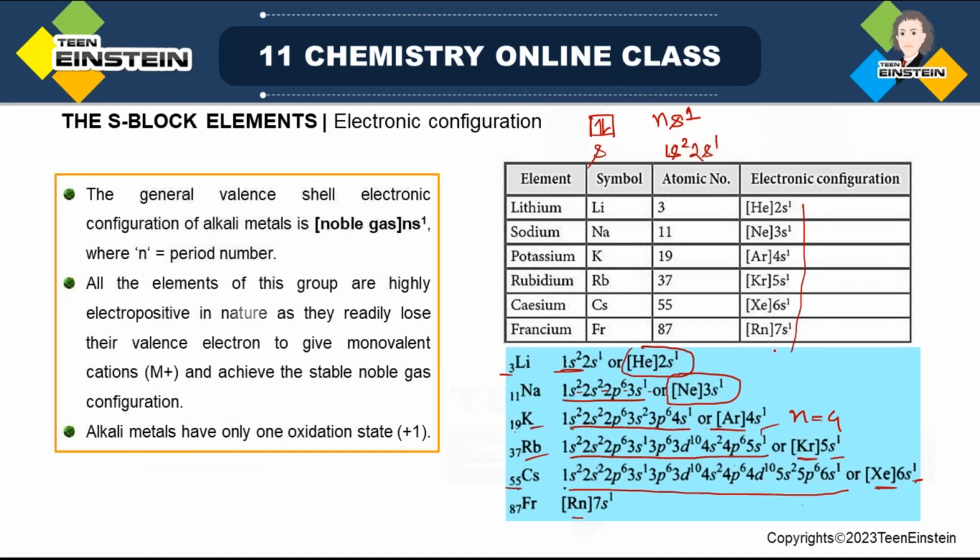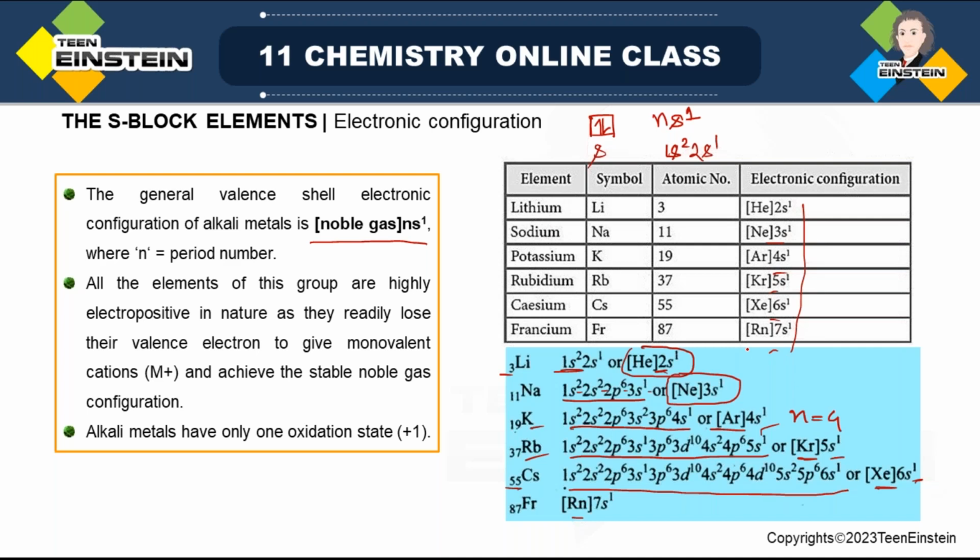The conclusion we can draw is that the general valence shell electronic configuration you have to represent like this, rather than writing the total lengthy electronic configuration. That is not required. You can present it simply like this. N is the period number. So for lithium it is the second period, so 2, third period, fourth period, fifth, sixth, seventh.